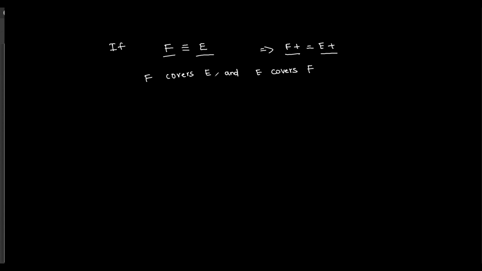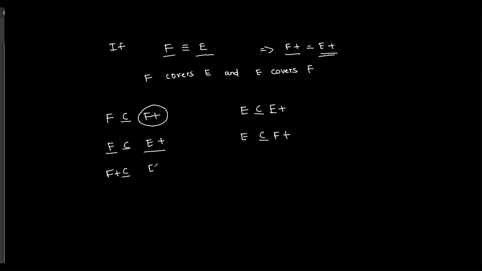From all these things, we can say F is a subset of F plus. Similarly, we can say E is a subset of E plus. Since F plus is equal to E plus, we can replace F plus with E plus. Now see, F is a subset of E plus means F plus is a subset of E plus. And also, E plus is a subset of F plus.